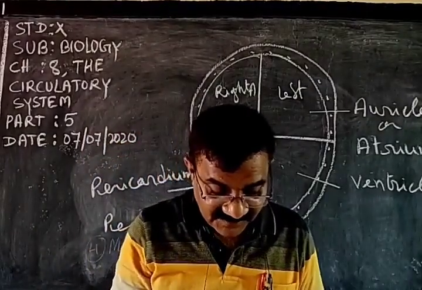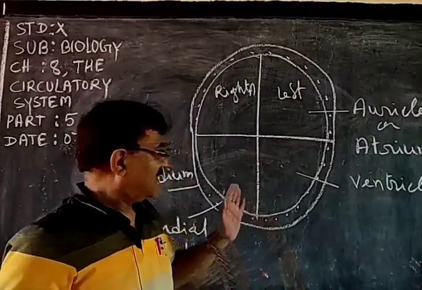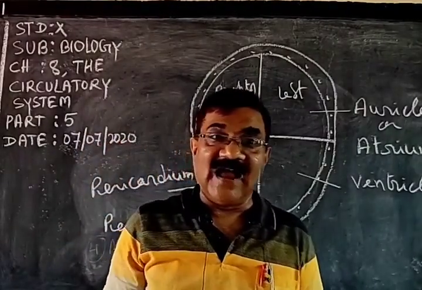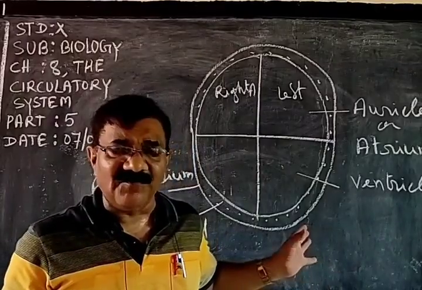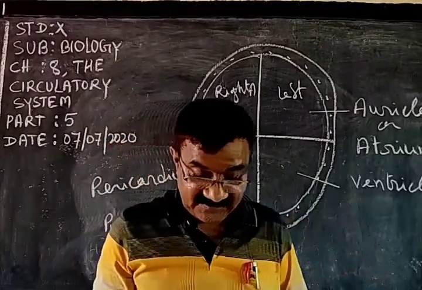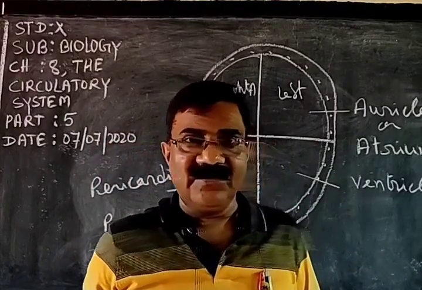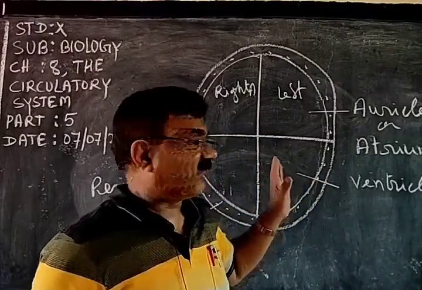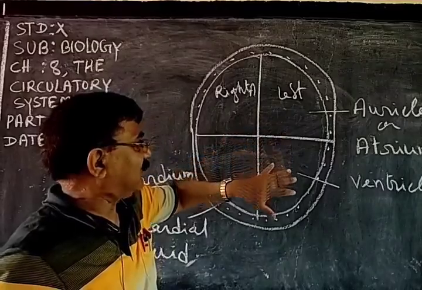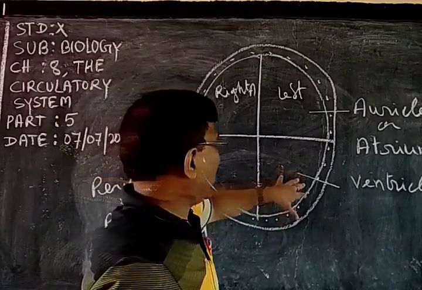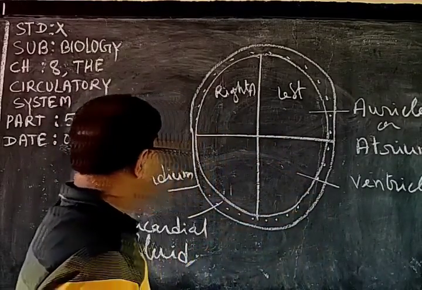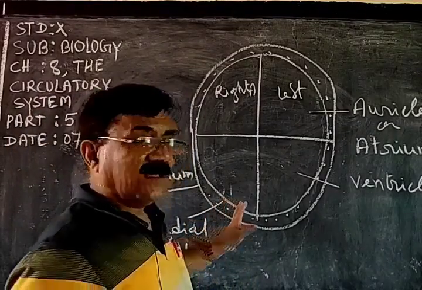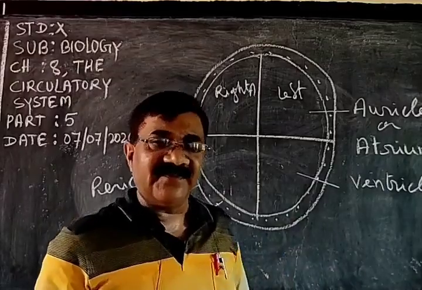Function of pericardial fluid: gives lubrication while the heart is beating and also protects our heart from mechanical injury. Very clear? So this was about the heart, that it has got 4 chambers. Upper 2 chambers are called auricles or atrium and lower 2 chambers are called ventricles. Outer covering is pericardium, where pericardial fluid is there.